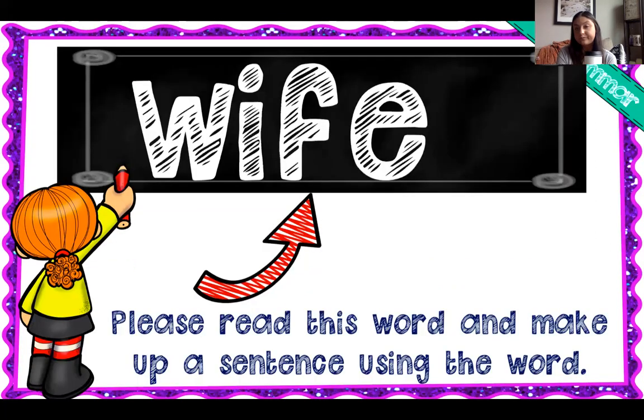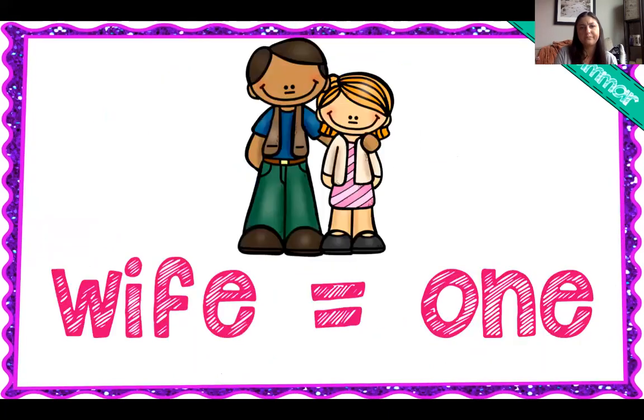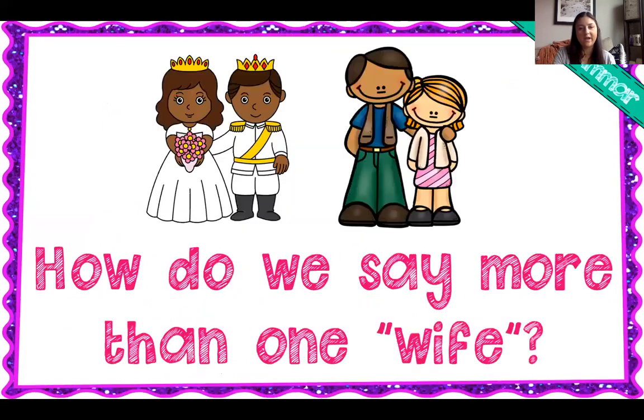Same thing with the word wife. Let's see. Mrs. Smith is Mr. Smith's wife. It's a sentence using the word wife. My wife is a scientist. There you go. Does this refer to one wife or more than one? Just one wife.